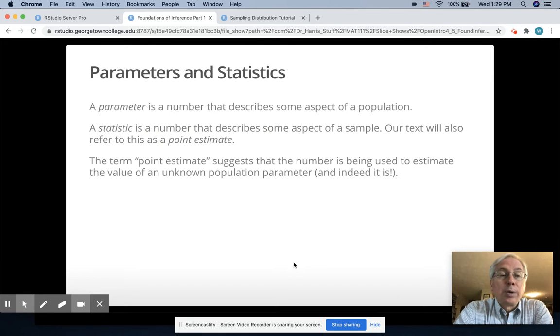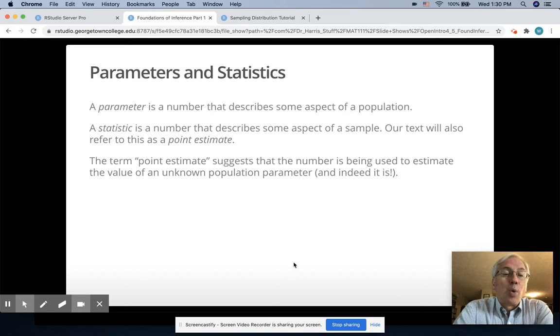A couple of terms, I've introduced these in class already, but I want to remind you of them. The term parameter stands for a number that describes some aspect of a population. So a parameter talks about a population, whereas a statistic is a number that describes an aspect of a sample, a subset, data that we've collected from a subset of the population.